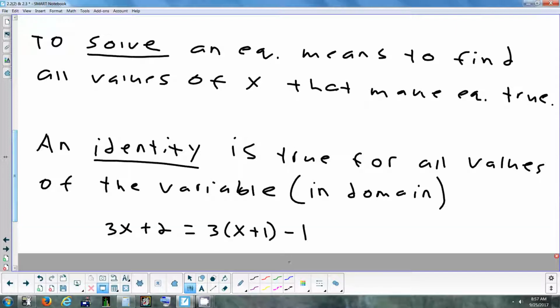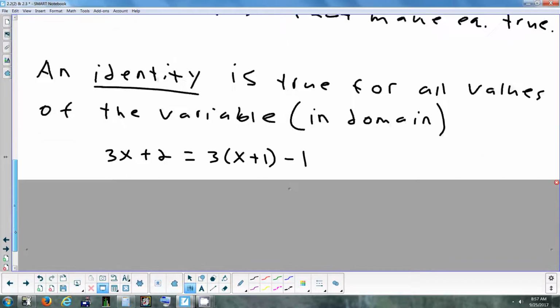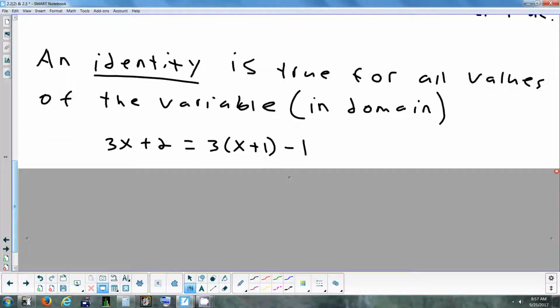Okay, so an identity, well, I guess I am going to write some of them down. That's an equation that's true for all values of the variable, and there's an example of an identity. Because if you did that out, what's on the left is 3x plus 2, what's on the right is also 3x plus 2. So no matter what number you pick for x, positive, negative, fraction, decimal, 0, it always works.